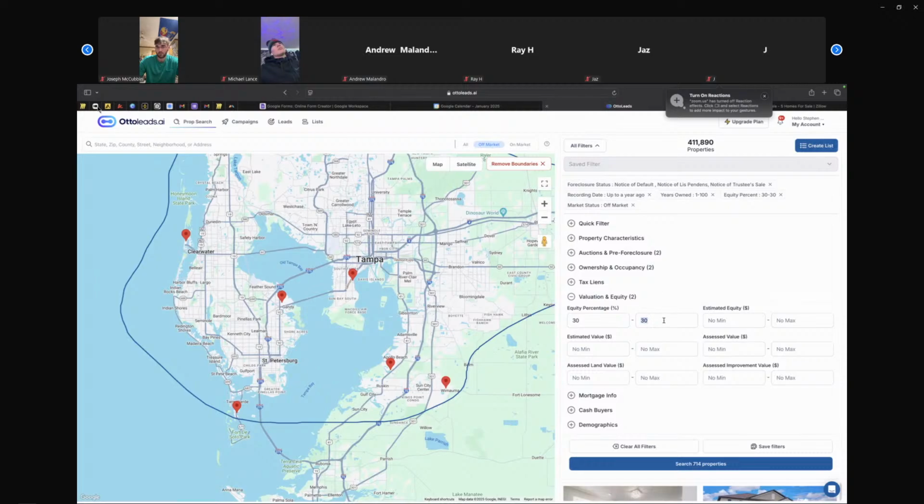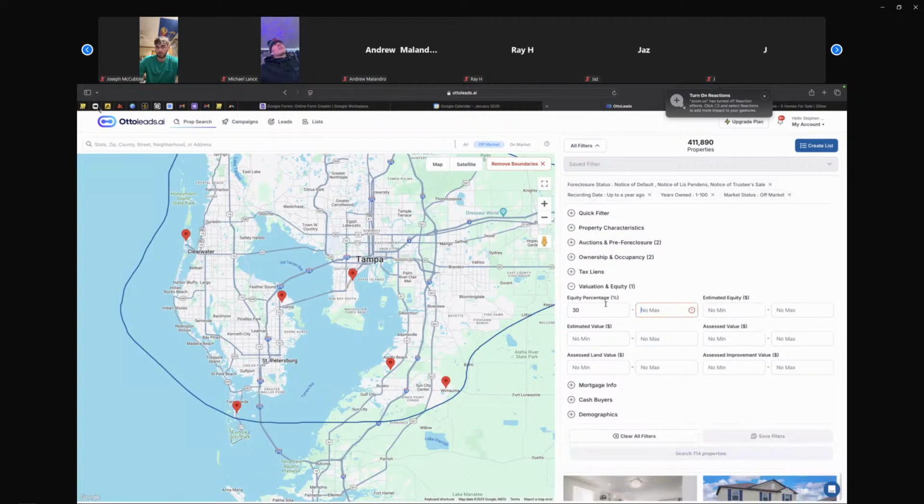So the reason, to kind of explain why this is never right, is because these equity percentages are based on the property's assessed value, so what the county thinks the property's worth. And then they're also basing it on how much equity they have from how much they paid down on their loan.